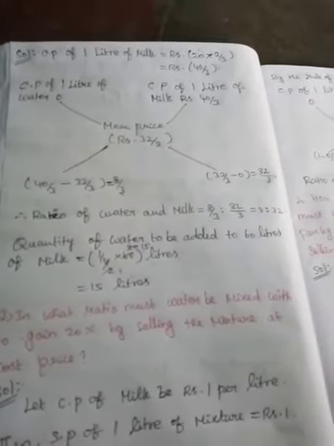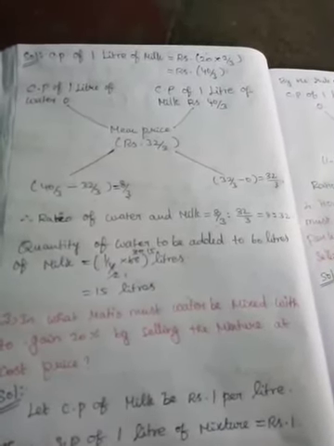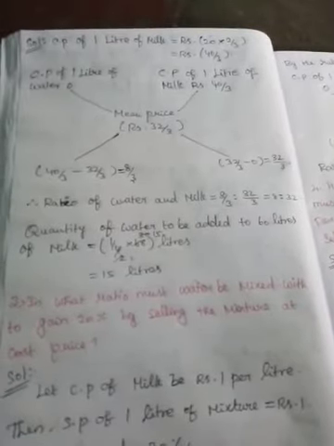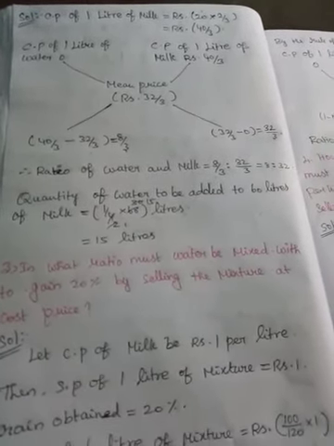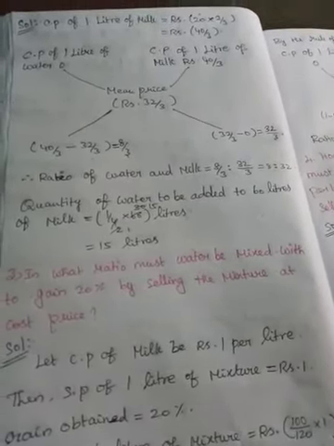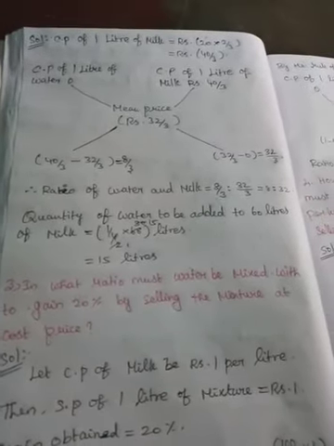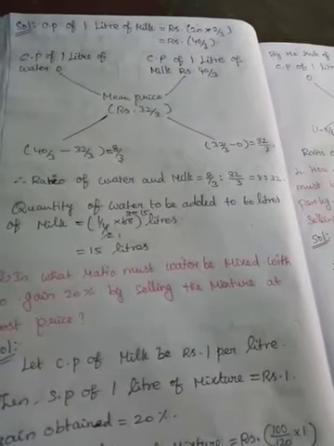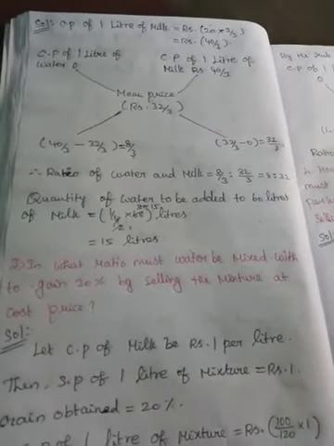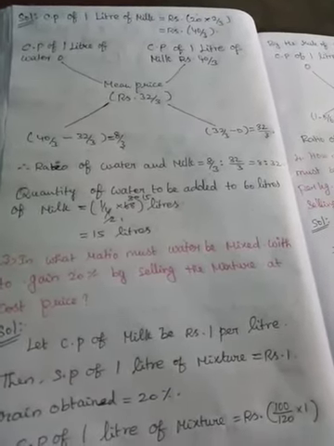Last one is 32 divided by 3 minus 0, equal to 32 divided by 3. Therefore the ratio of water and milk equals 8 by 3 is to 32 divided by 3, equal to 8 is to 32.